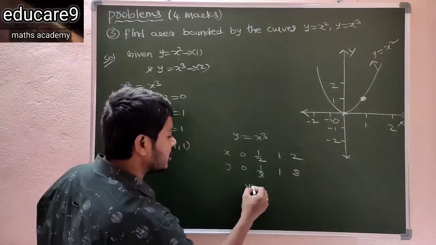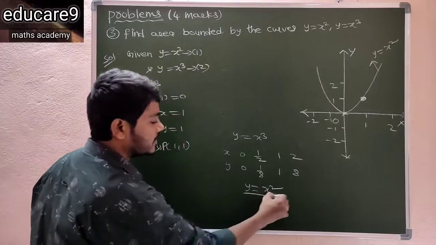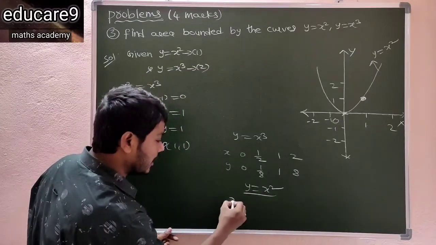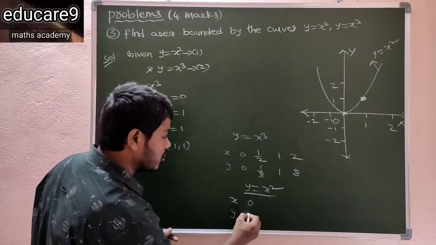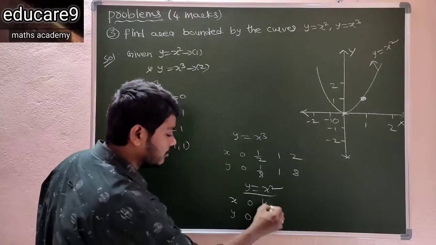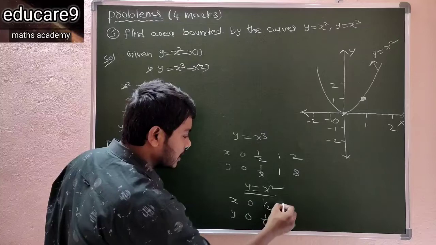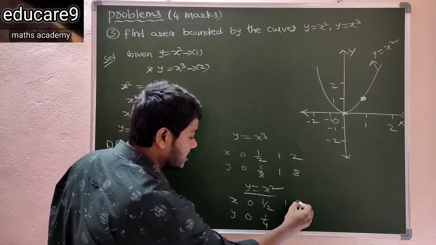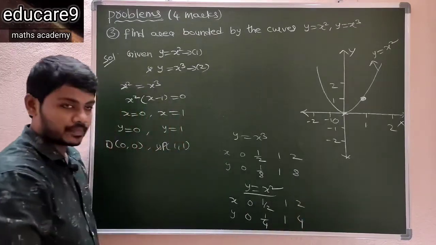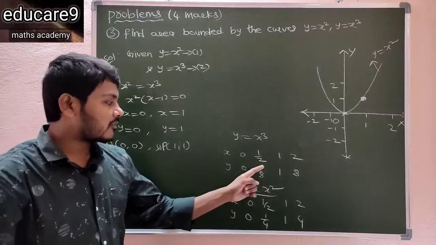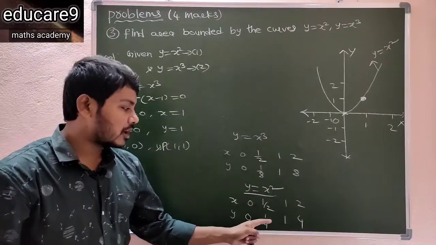But in the y is equal to x square graph, see here, x is 0, y is 0; x is 1 by 2, what is the y value? 1 by 4; x is 1, y is 1; x is 2, y is 4. Now see here 1 by 8, here 1 by 4.